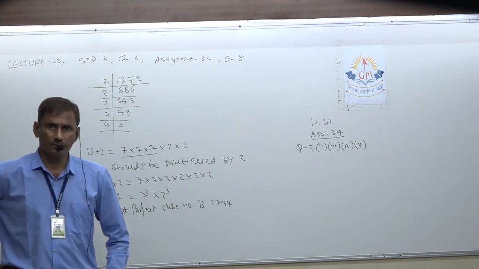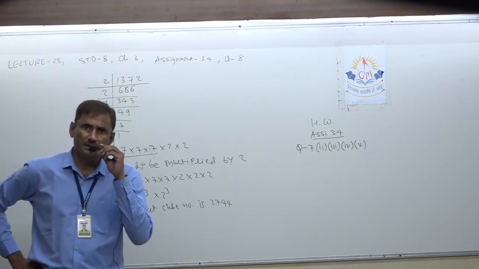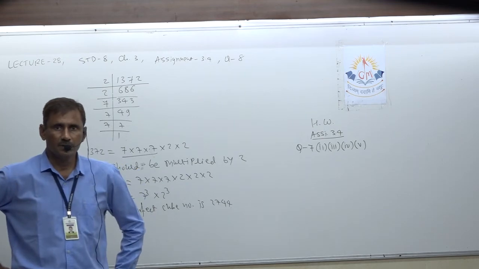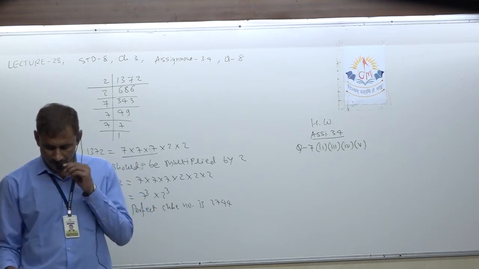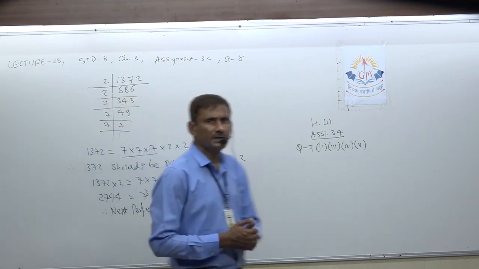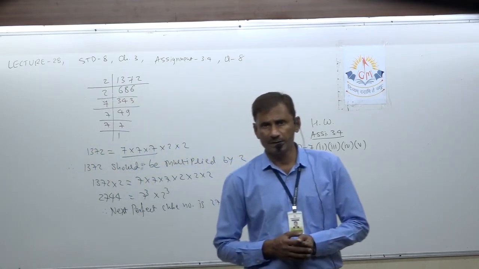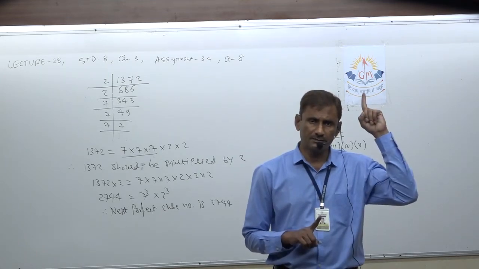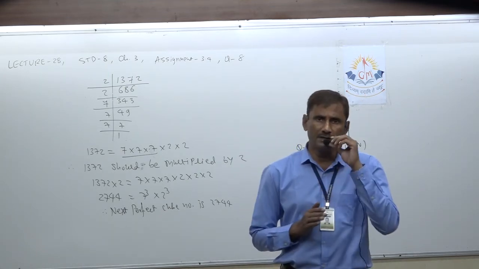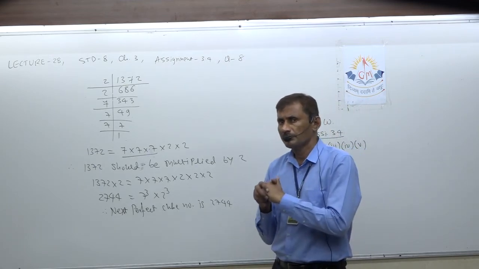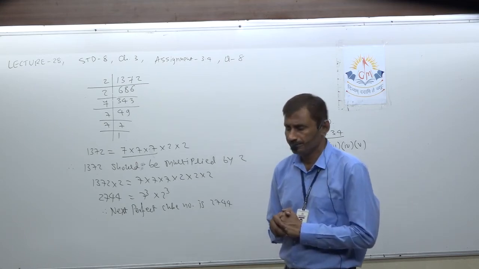Now it is cube root in the next exercise, the next assignment and all the next examples also. So how to find the cube root? Only one method is here, that is the prime factorization method. No long division method is here, unlike square root.